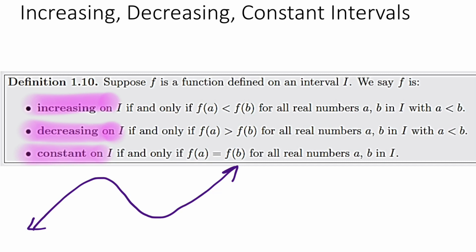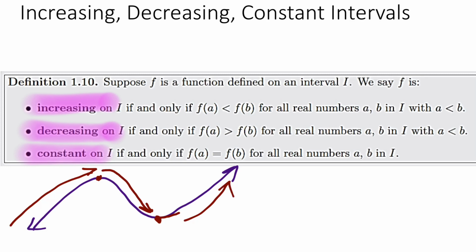Your increasing sections of this graph are going to be where you're going uphill from left to right. So you'll be increasing up to here. And then your decreasing is going to be when you're going downhill left to right. And then we'll be going uphill left to right again here.